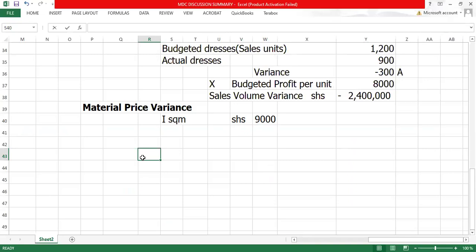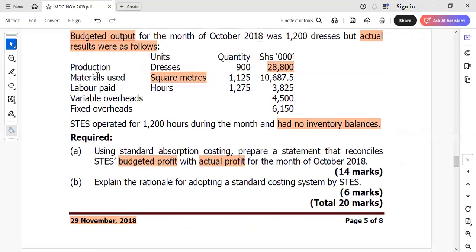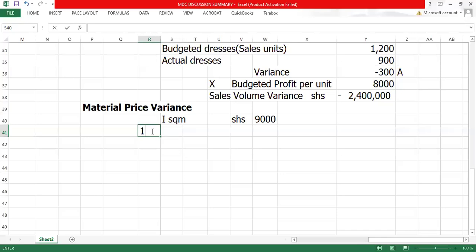From the actual information, the materials used are 1,125 square meters.